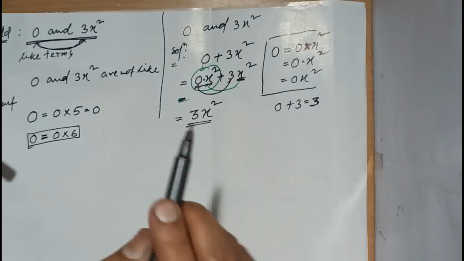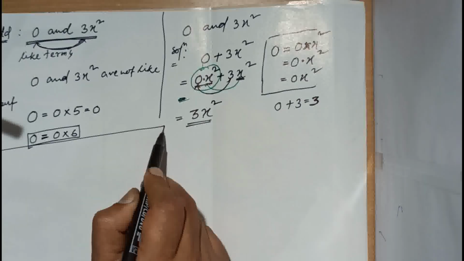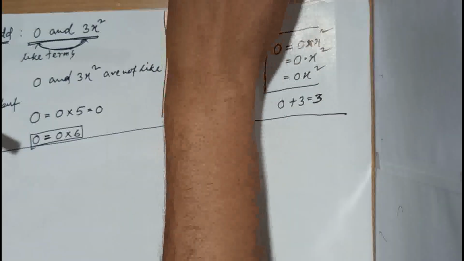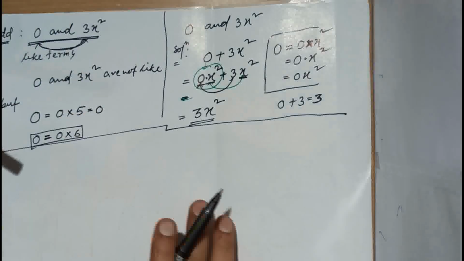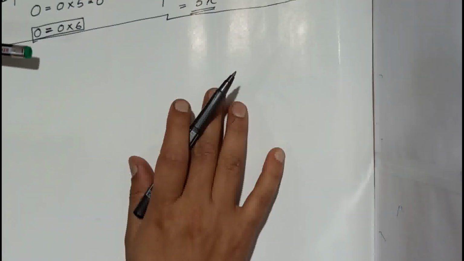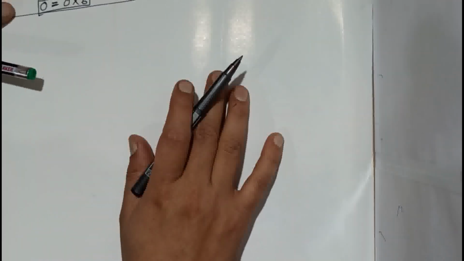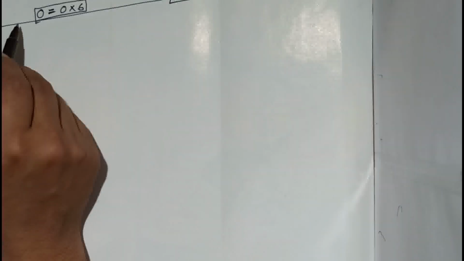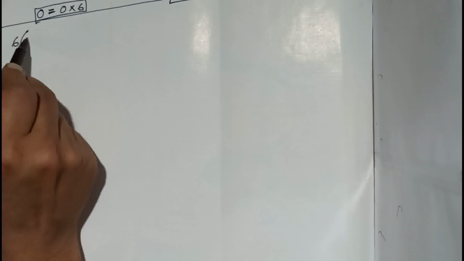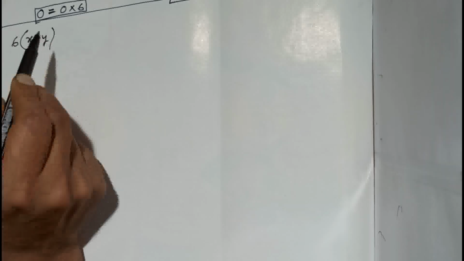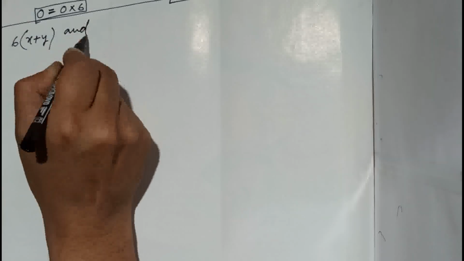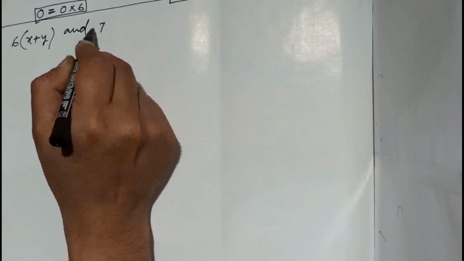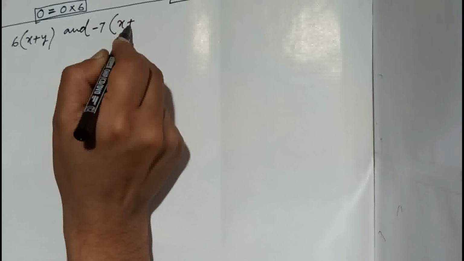Variables remain same. Now let me take another example. This is another example I take now. 6x plus y and minus 7 x plus y.